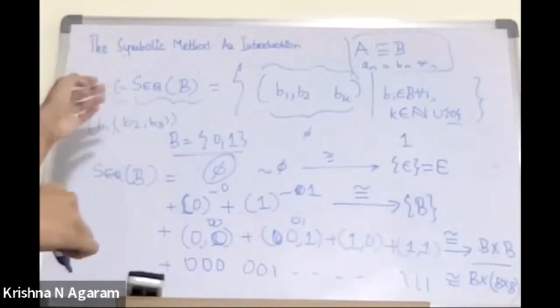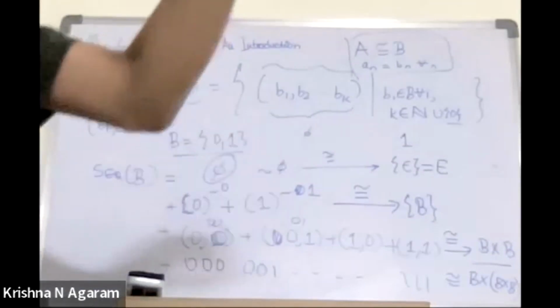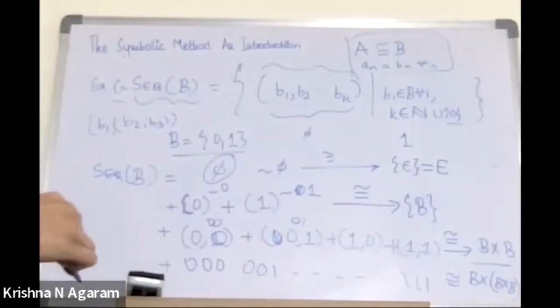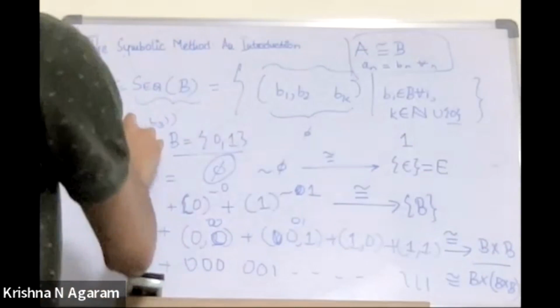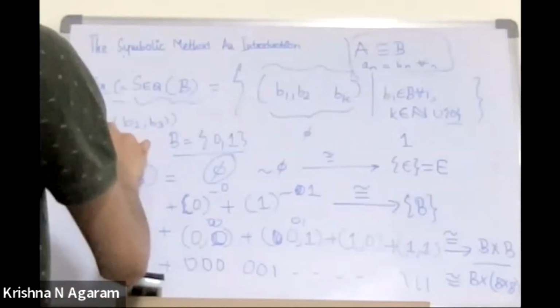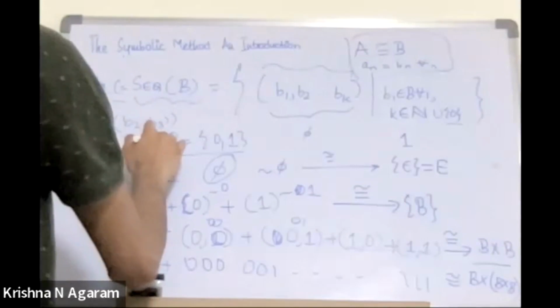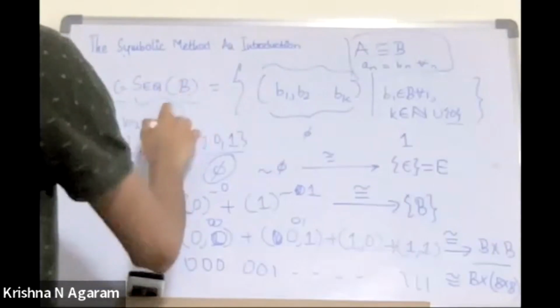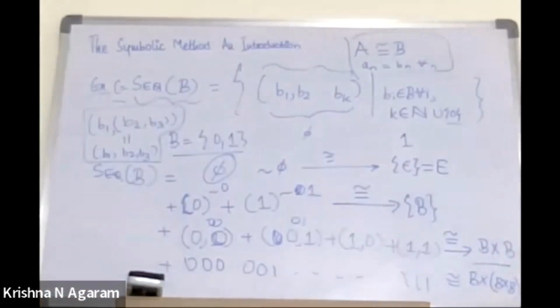You can just remove the inner parentheses. A tuple maintains its order, so you can't change around the order. The order matters. So this is essentially the same as this, just written with more parentheses.